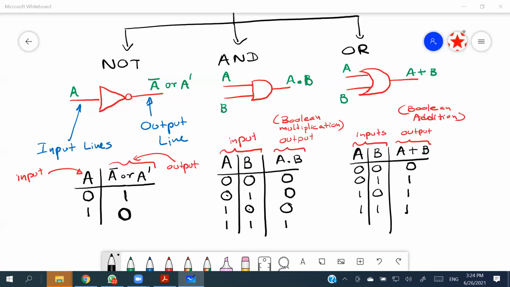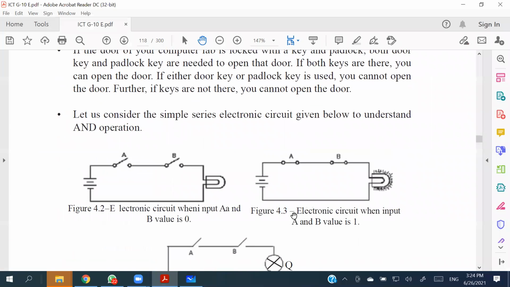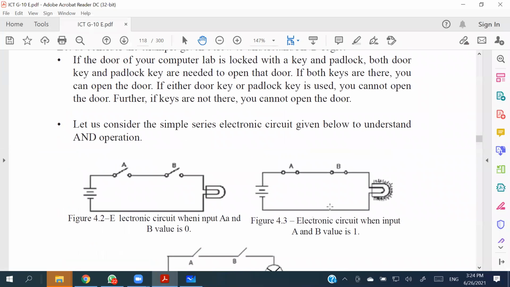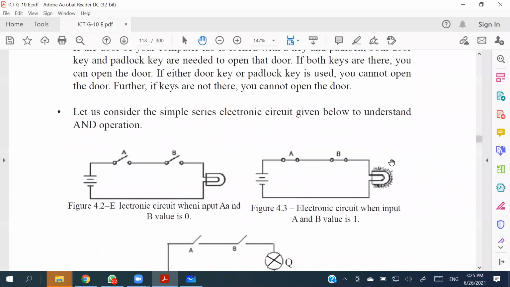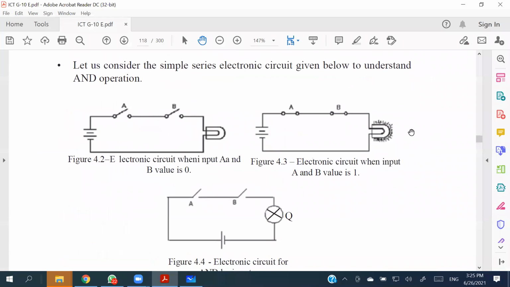Right, okay. Now, before we write this down, I'll take your attention to your textbook. Here is how they have indicated the workings of the AND gate. They have used an electric circuit.